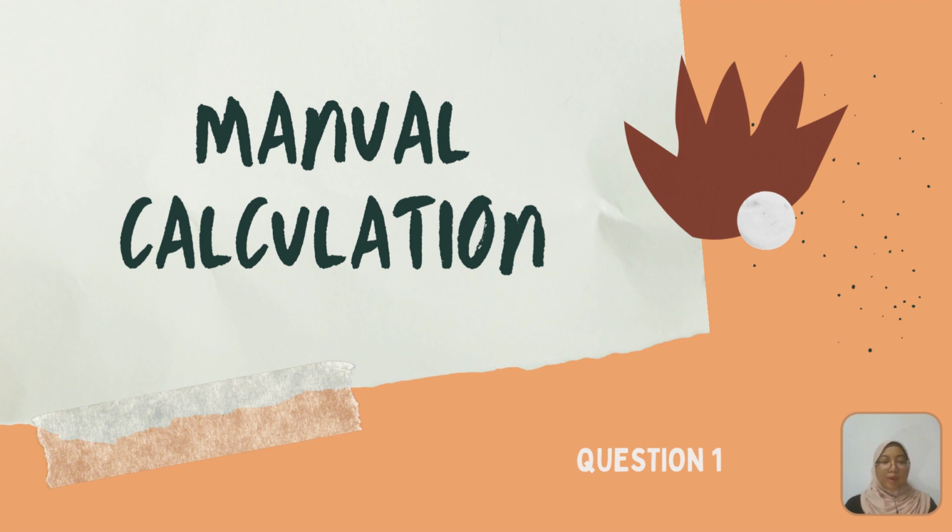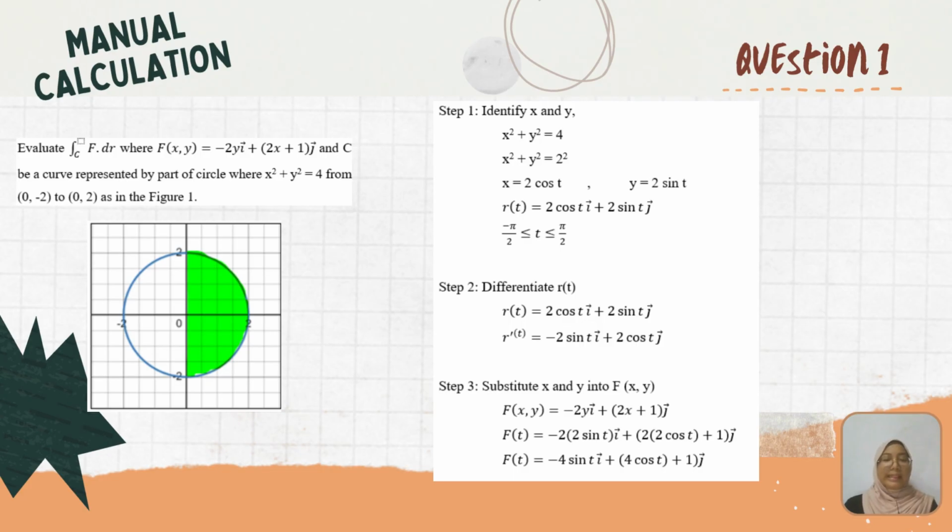Next, I am going to explain the manual calculation for question 1. Firstly, we are going to find r(t). For the circle equation x squared plus y squared equals 4, we can get x equals 2 cos t and y equals 2 sin t. Therefore, r(t) will be 2 cos t i plus 2 sin t j, and the range is from negative pi over 2 to pi over 2 because it is the half circle on the right side.